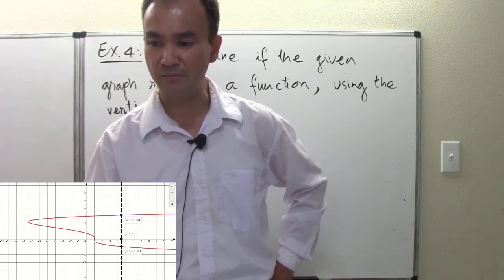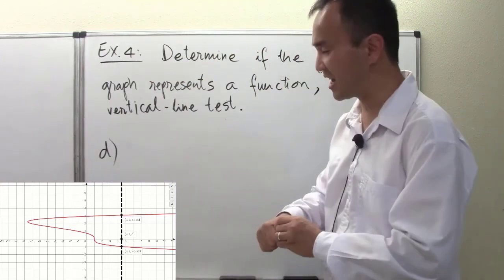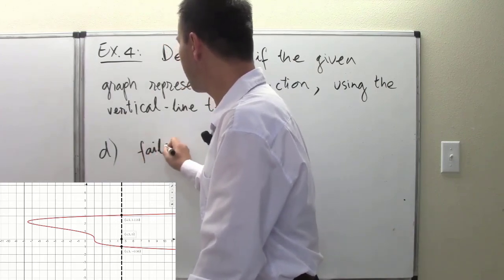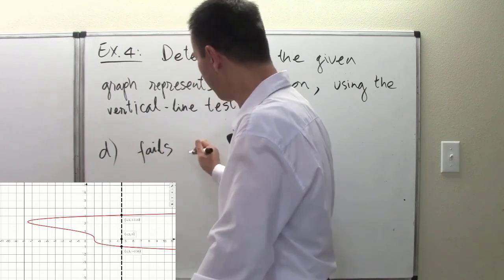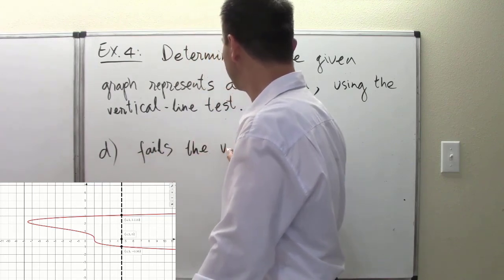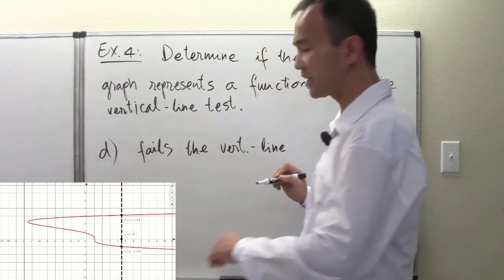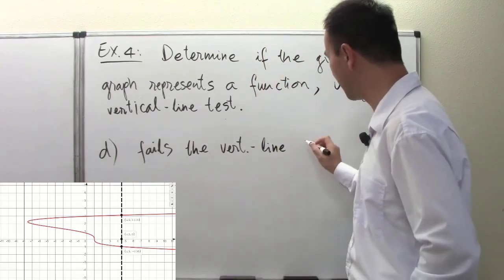So I'm saying that this graph fails. In D, we got a graph, and the graph fails the vertical line test. And I apologize for getting shorter and shorter with the term vertical line test.